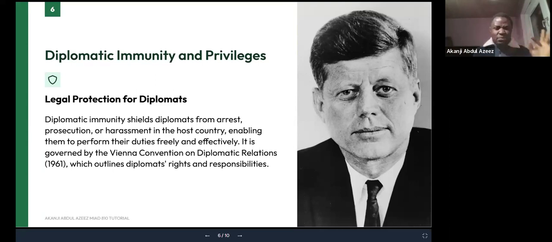So it explains three major things. This agreement explains the rights of diplomats, the privileges they receive, and the responsibilities they must follow. I repeat: the rights of diplomats, the privileges they receive, and the responsibilities they must follow.